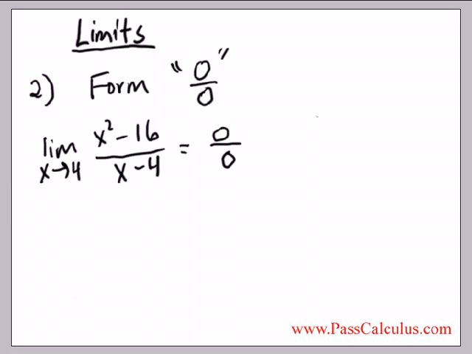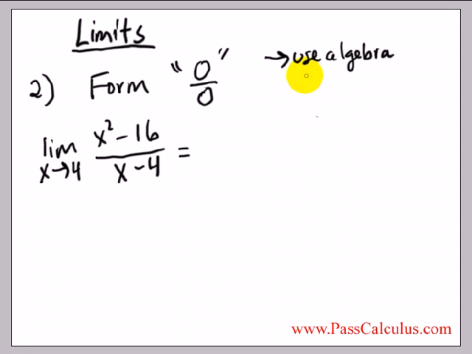Don't ever do that. In your mind, you should say to yourself, this is 0 over 0, but just don't write it on the paper, okay? Just think to yourself, when I put the number in, I get 0 over 0. So that means I have to use, often when it's 0 over 0, do you know what your strategy should be? You should use some algebra to simplify the expression.